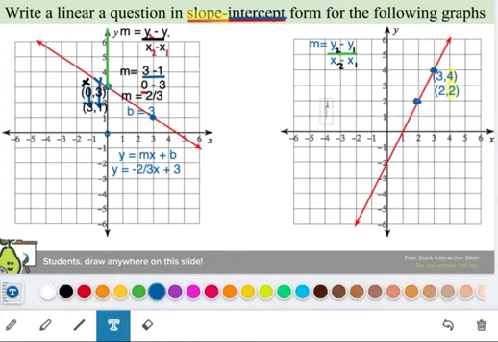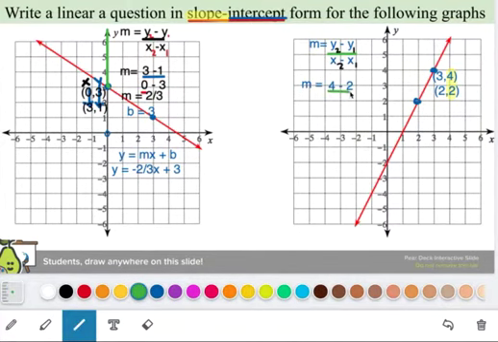I highlighted and said the wrong thing. So 4 minus 2. I'm trying to find slope, so I need to write slope equal. Okay, and then my x numbers are 3 and 2 right here. 3 minus 2.